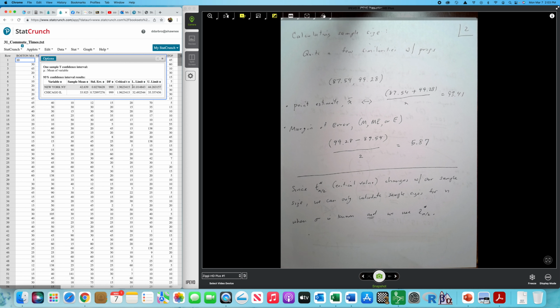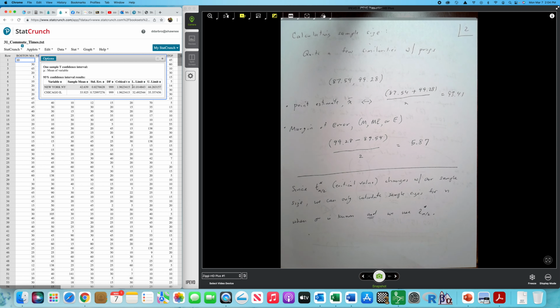Now, here's the caveat. Since these T critical values change with our sample, and the critical value is an important piece in calculating a sample size, we can only calculate sample sizes for n when sigma is known, and we use z's instead of T criticals.